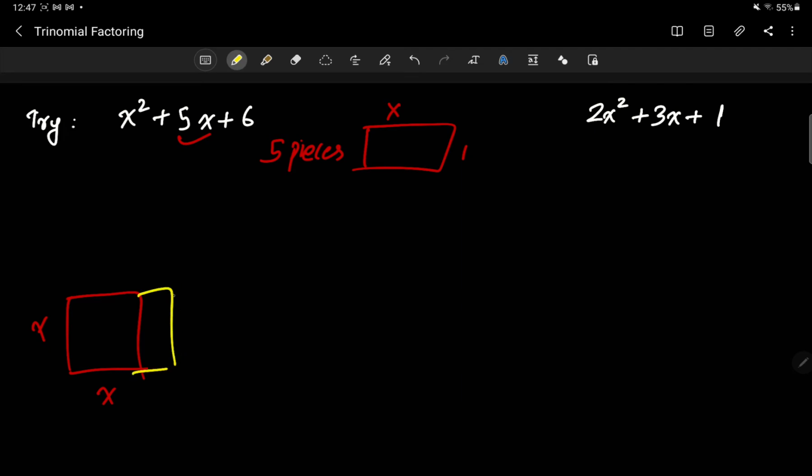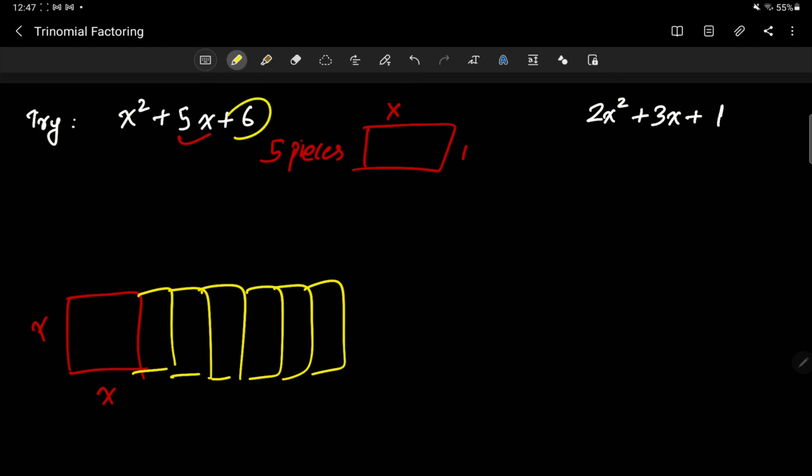For example, if I put all 6 of them here, this is a rectangle, but there's no place for these 6 rectangles, which means that's not going to work. Now let's say I put 5 of them there and I put 1 there, but now I have 5 spaces, but I have 6 pieces, so that's not going to work either.